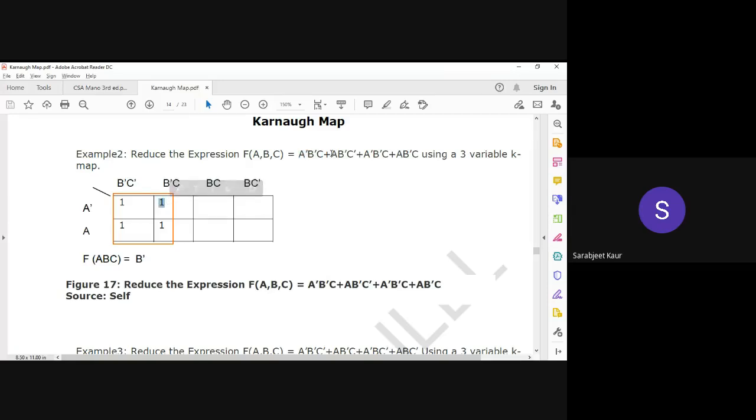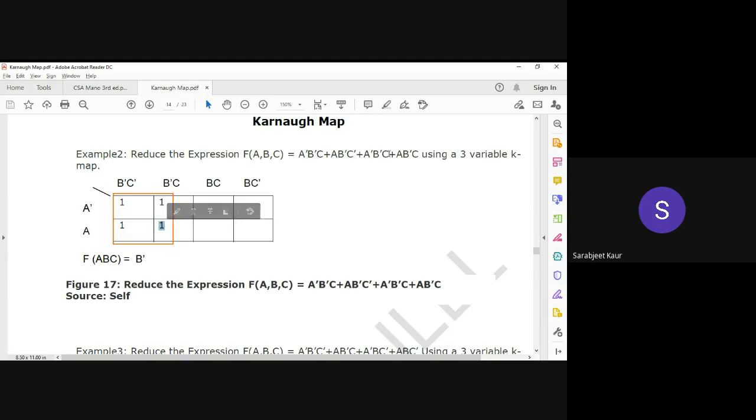Then 1, 0, 0, which is 4. So this is 4. Then 0, 1, 0, 1, which is 5. This is 4 and this is 5.